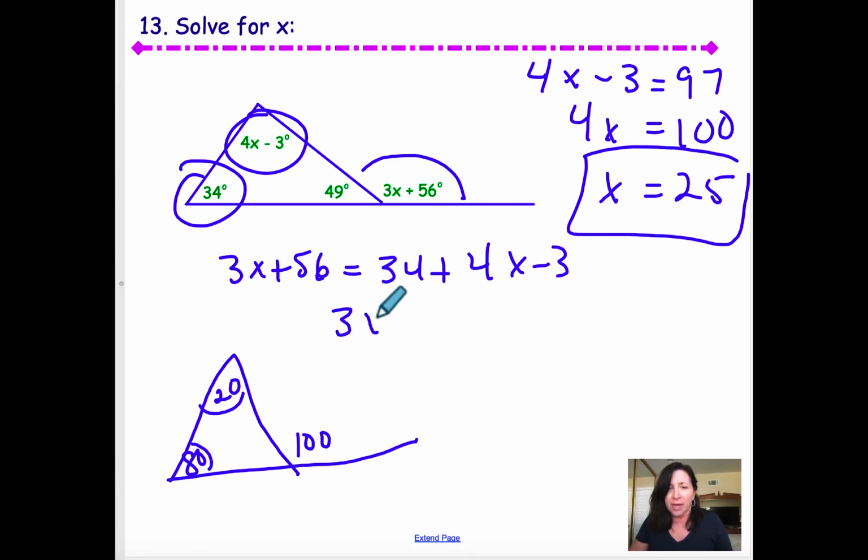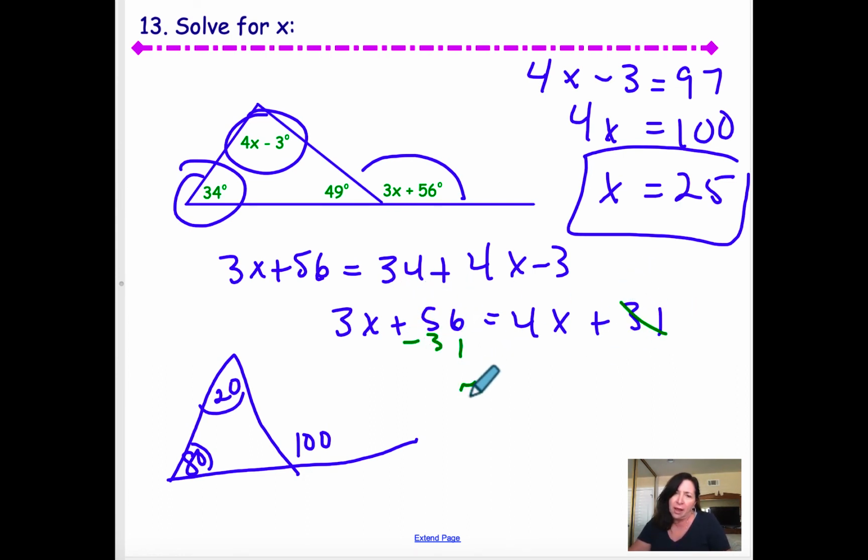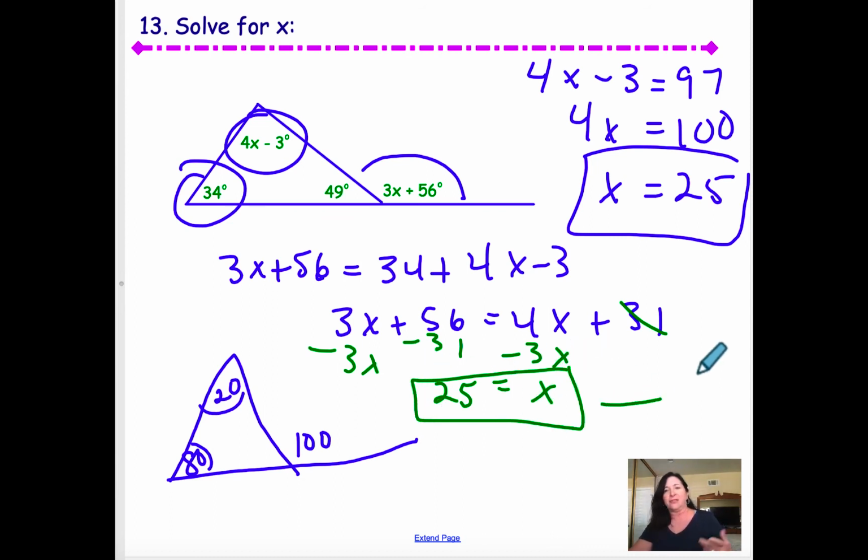We know that 3x plus 56 equals 4x plus 31, right? Because 34 minus 3 is 31. If I subtract 31 from both sides, I get 25. And if I subtract 3x from both sides, I get x. And then I get x equals 25 again, which is what I had in the first place.